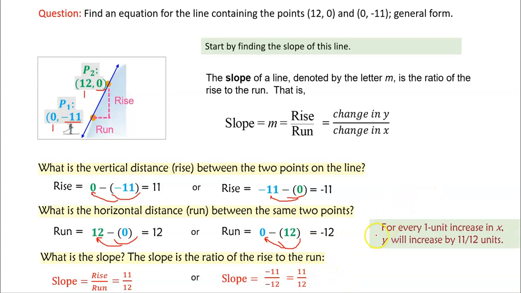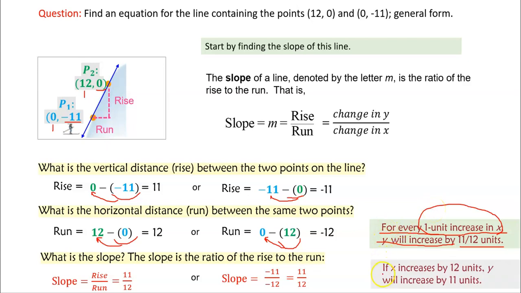If we interpret the slope, we can say that for every 1 unit increase in x, y will increase by the amount of slope, which is 11 over 12 units. So the slope is the change in y when x increases by 1 unit.